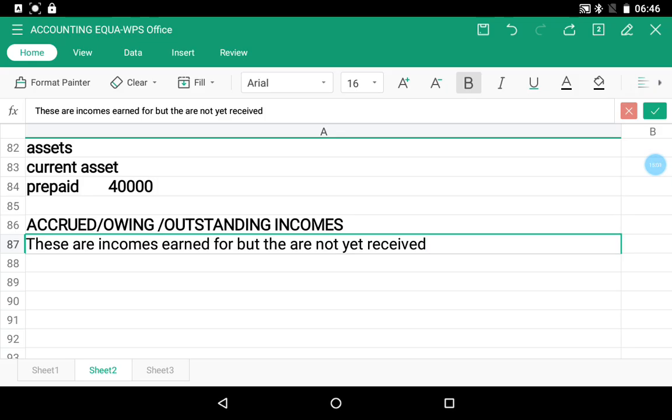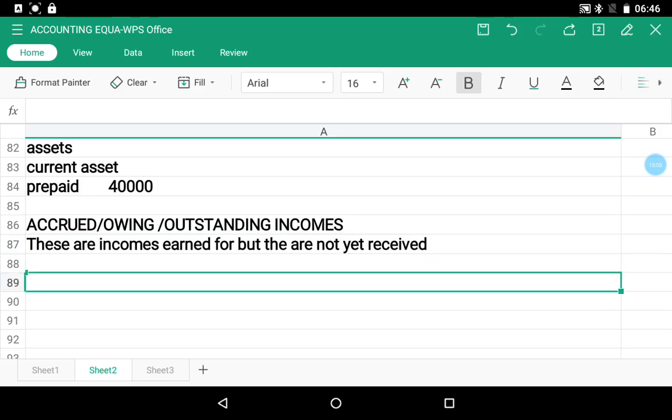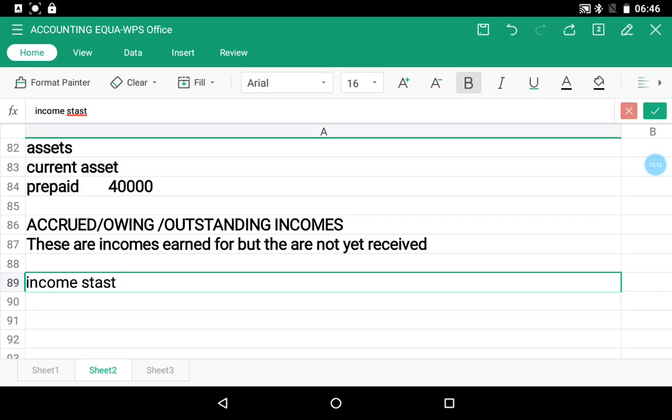So here, under our income statement, it will increase the value of income.